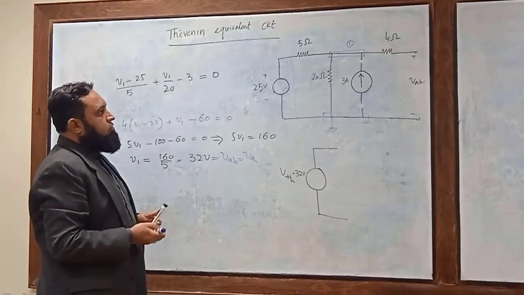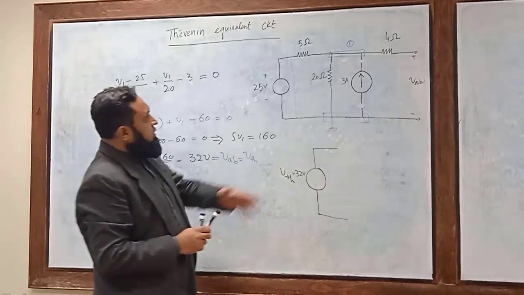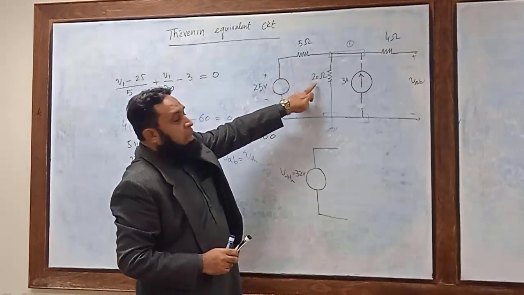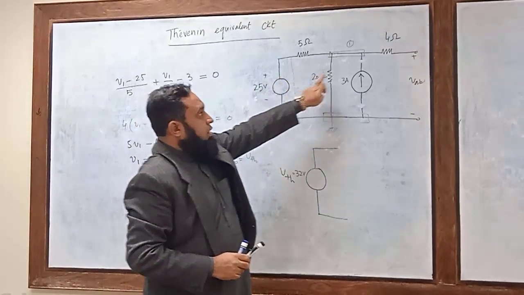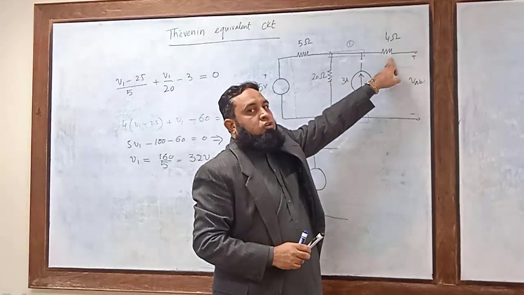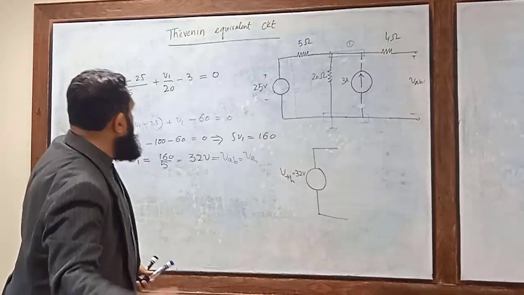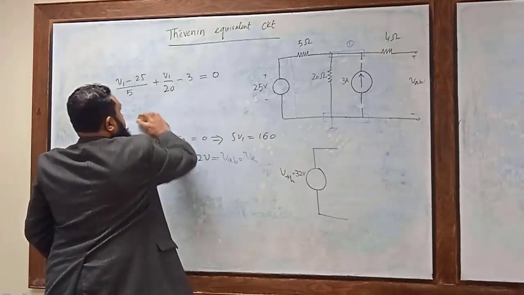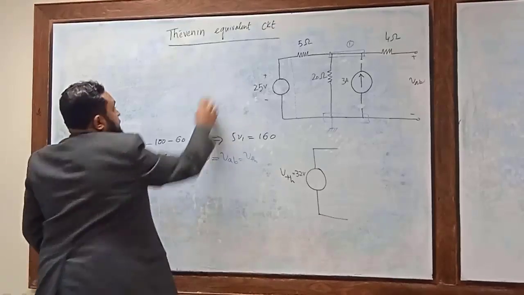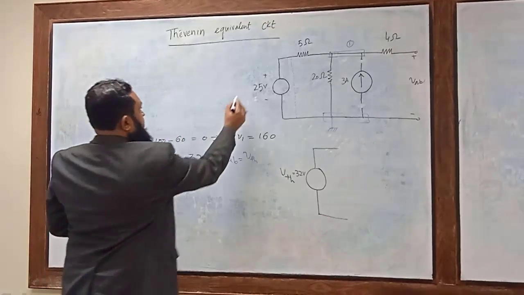So you will have something very interesting: 5 ohm in parallel with 20 ohm and in series with 4 ohm resistance. So you will have a circuit like this. I just want to redraw the equivalent circuit.